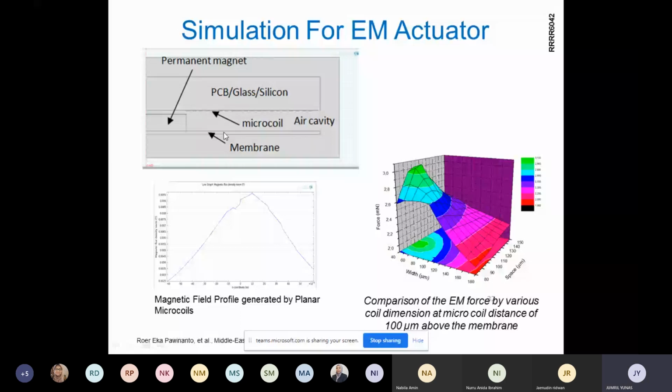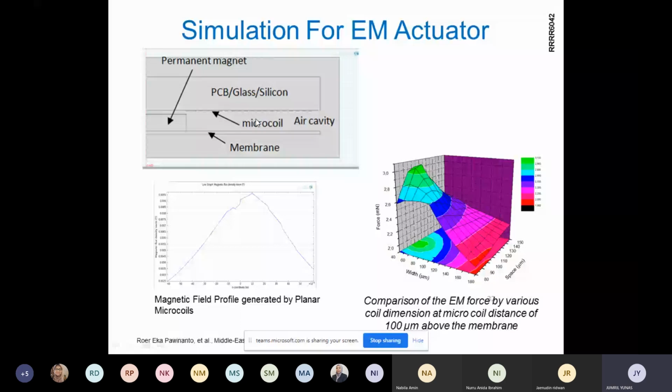We see the magnetic field profile generated by this coil, and we analyze the electromagnetic force generated by the coil.